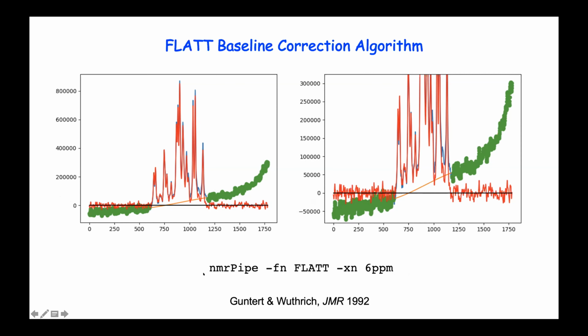The only thing you need to do, if you apply this to the whole full spectrum, is make sure you extract the upfield limit. For example, 6 ppm on the left, X1, it goes to 12, 13, or whatever you have. I don't extract that, because you want as large a segment as possible for the baseline.